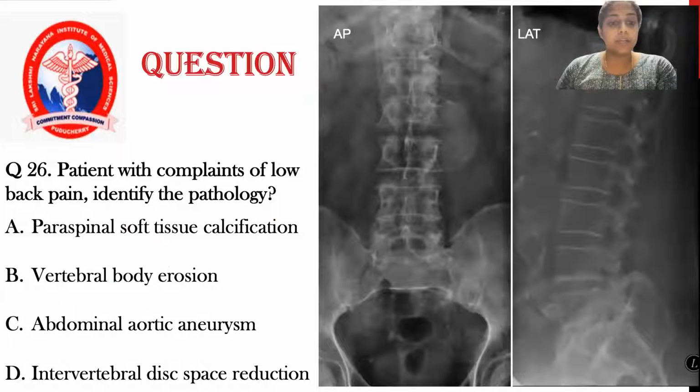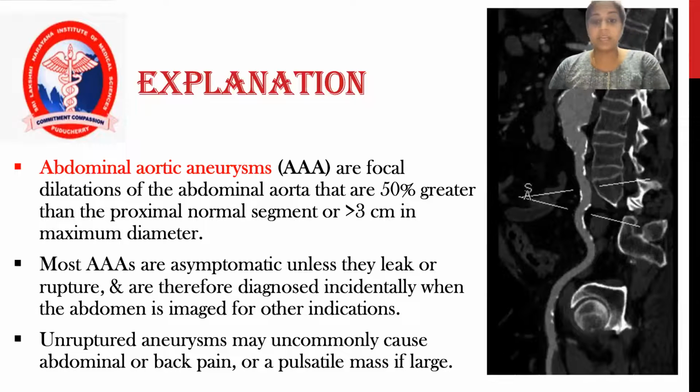Coming to this, a patient with complaint of low back pain, identify the pathology here. Is it paraspinal soft tissue calcification, vertebral erosion, abdominal aortic aneurysm, or intervertebral disc space reduction? It is a case of focal dilatation of the abdominal aorta that is 50% greater than the proximal normal segment, which is less than 3 centimeters in maximum diameter.